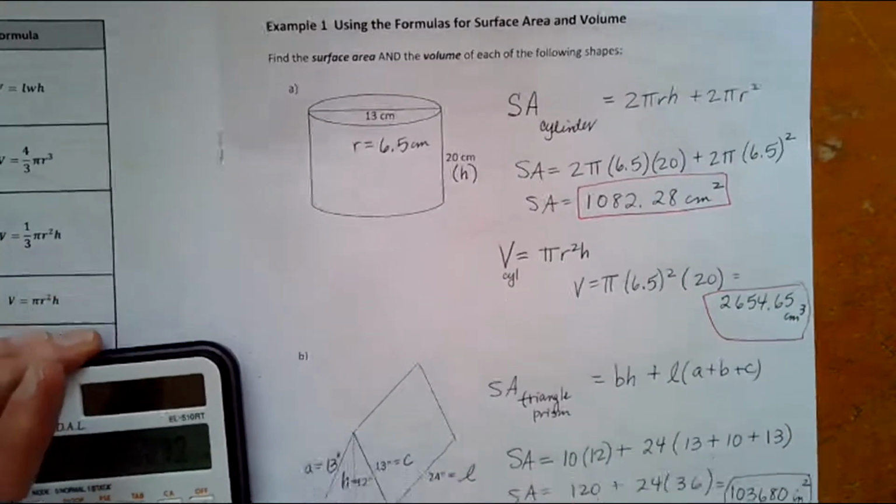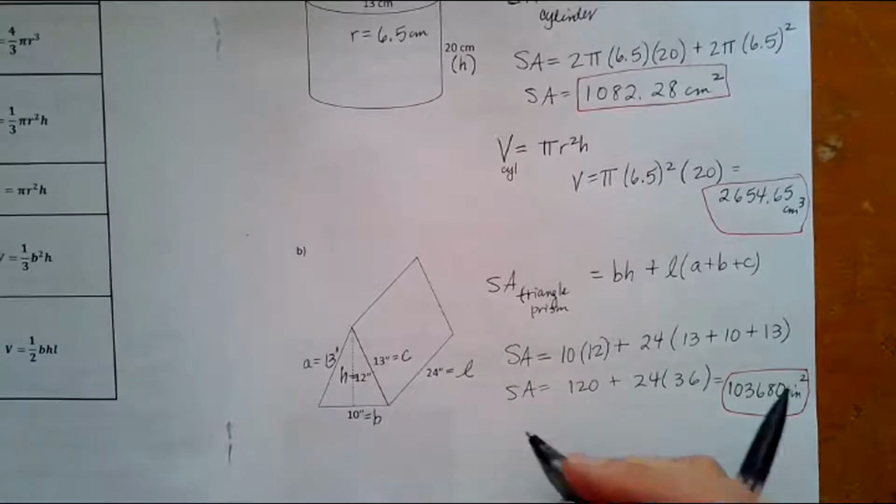Volume is cubed. And then finally, the triangular prism.